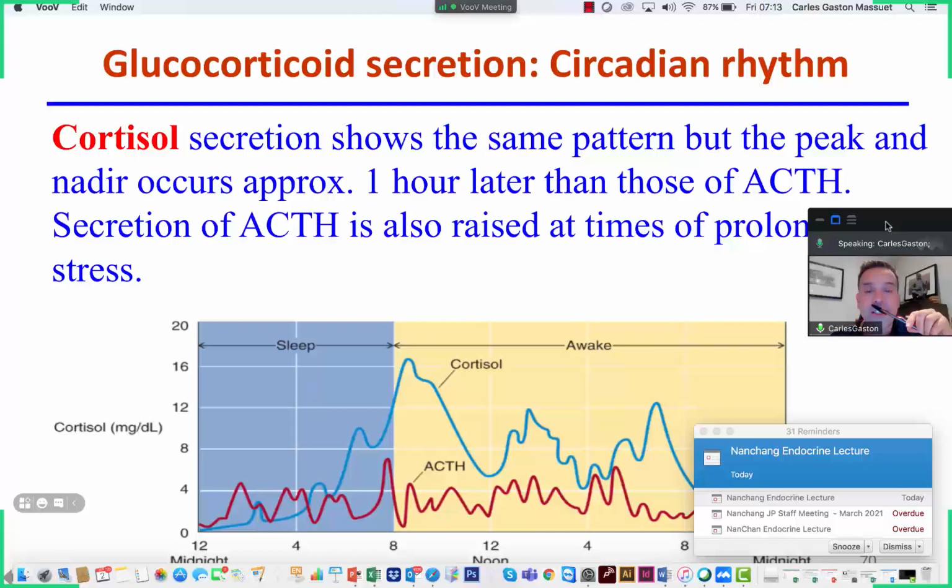Secretion of ACTH is also raised at times of prolonged stress. Let's say that, for example, you have final exams, your cortisol levels will be very high during the day also, and for weeks until the exams finish, because your body is in a stress response, okay?